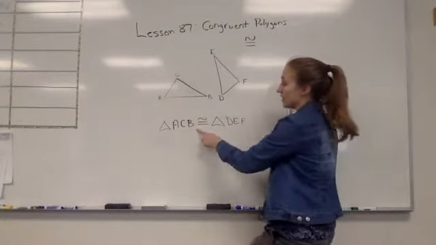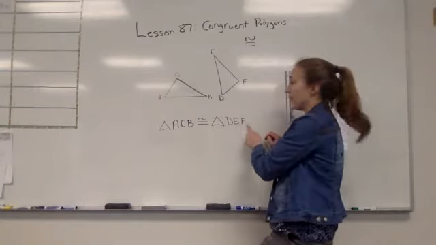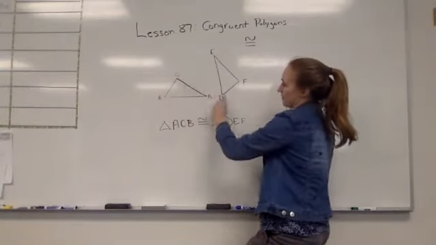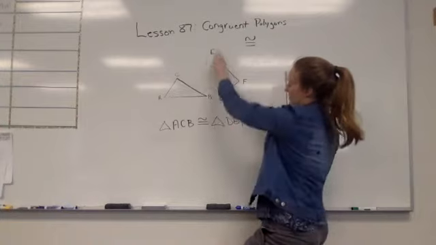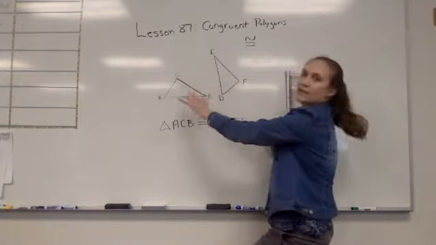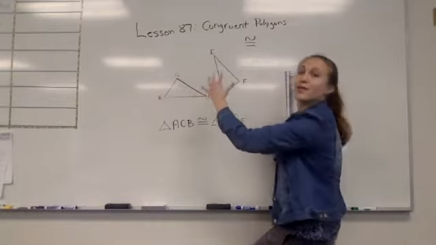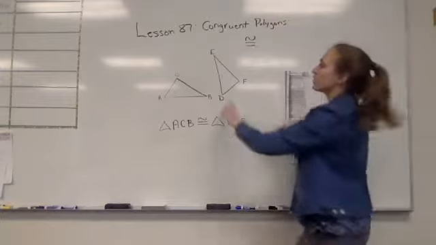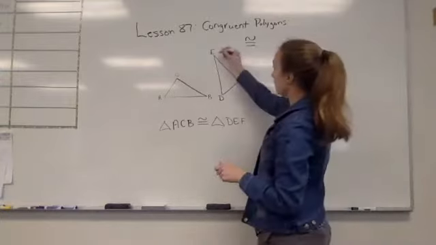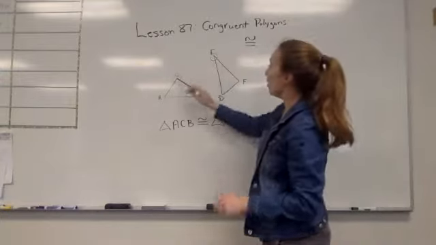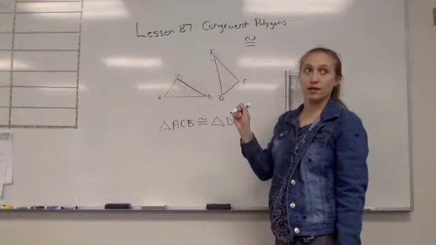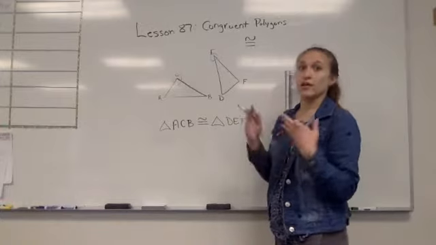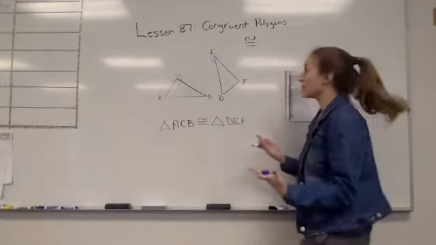Triangle ACB is congruent to DEF, which means this angle here and this angle, or DEF, are congruent. They are not congruent in this picture, but in your picture on the worksheet, they're congruent, okay? So they're focusing on this angle and this angle being the same measurement. If you took a protractor and measured it, you would get the same angle number, okay?